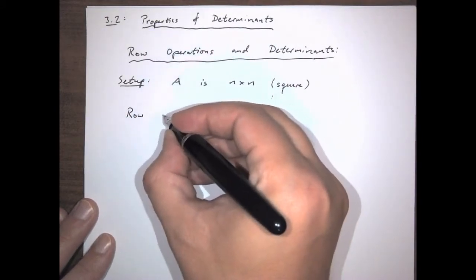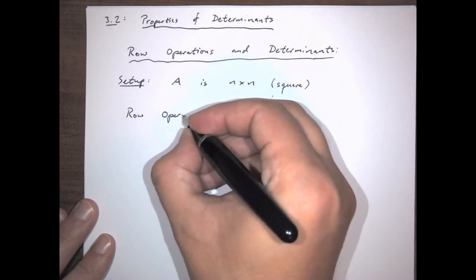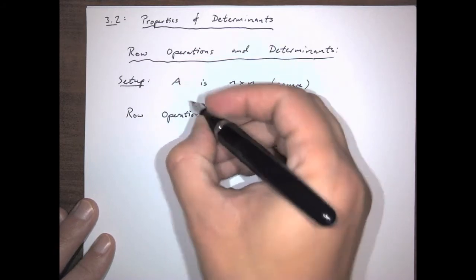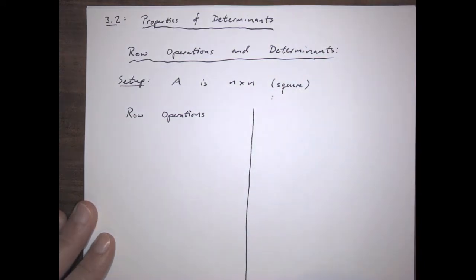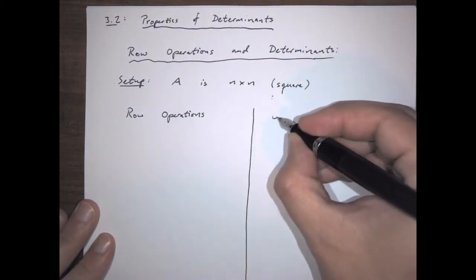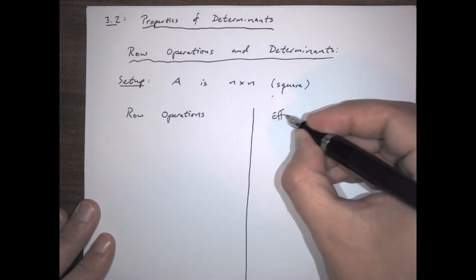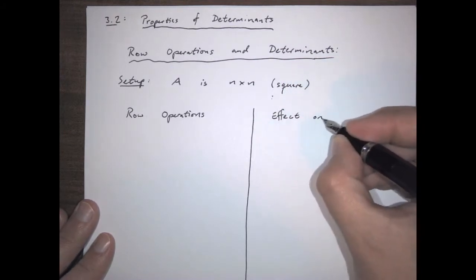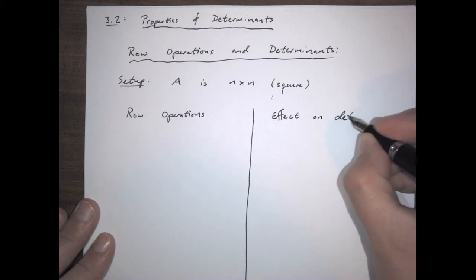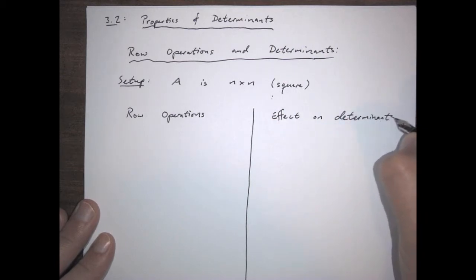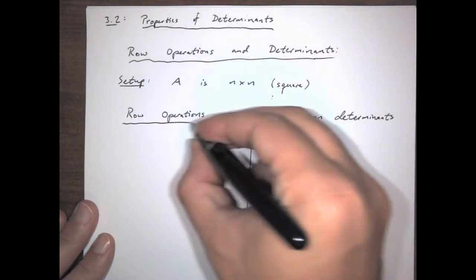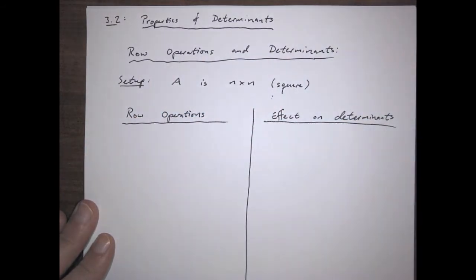All right. So let's discuss our row operations, friends. And we'll make a little two-column thing. So the row operations and then their effect on determinants. So we have three main categories of row operations, and let's just try to figure out what each one does to the determinant.